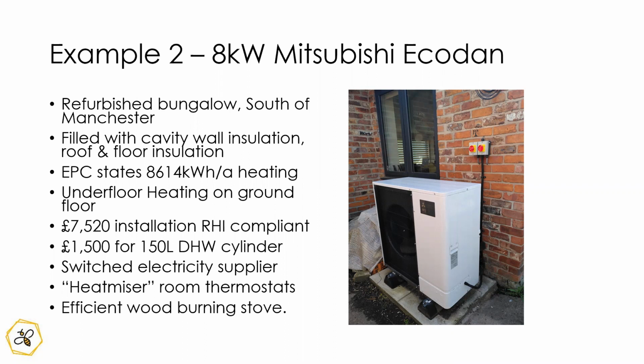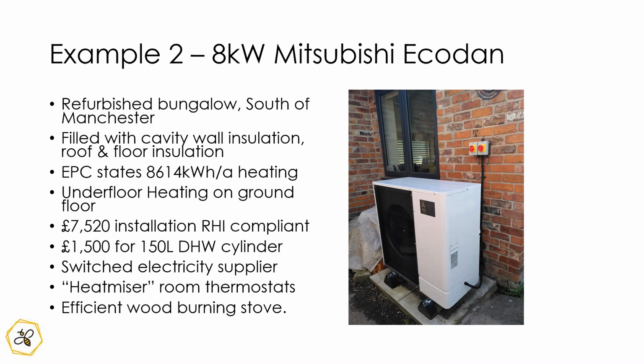The EPC says that she's got 8,600 kilowatt hours per year of heating demand, and the RHI pretty much covers the 7,500 installation cost. She's got a 150 litre domestic hot water cylinder, which costs her about 1,500.